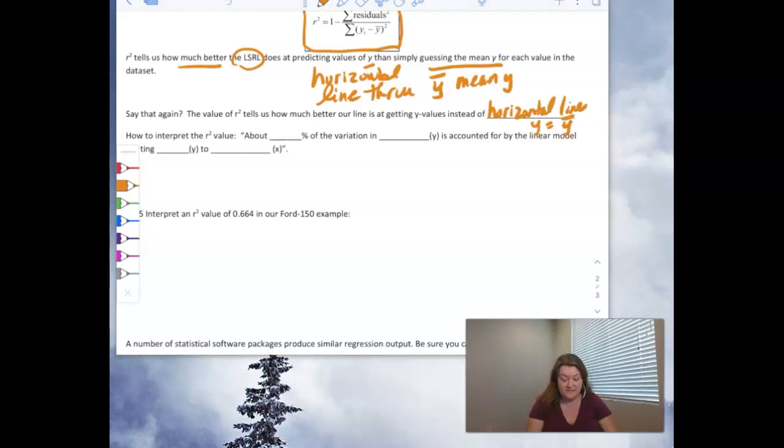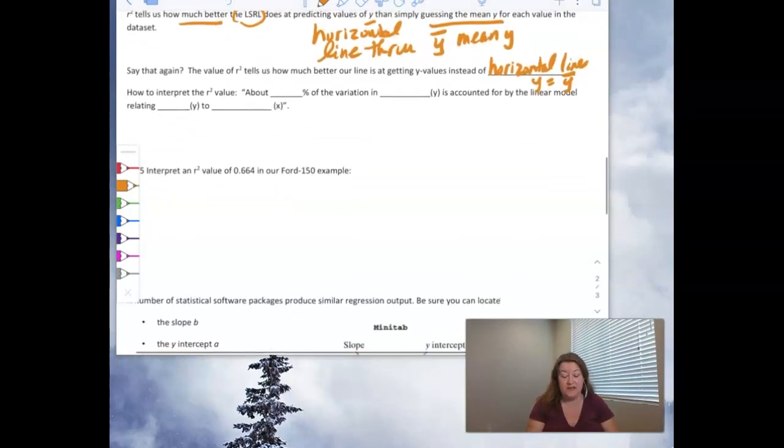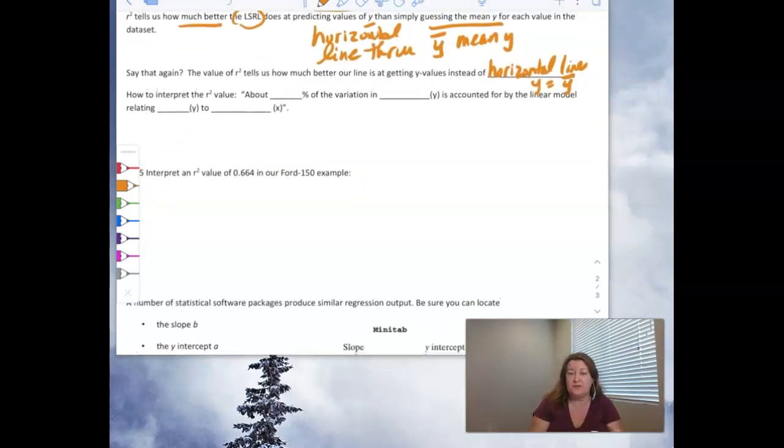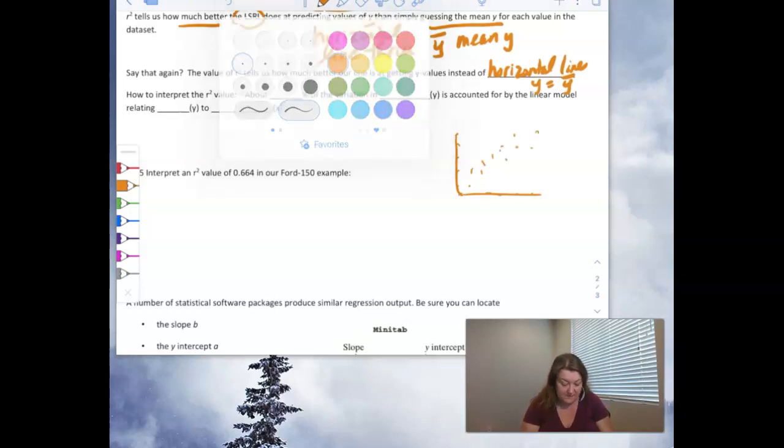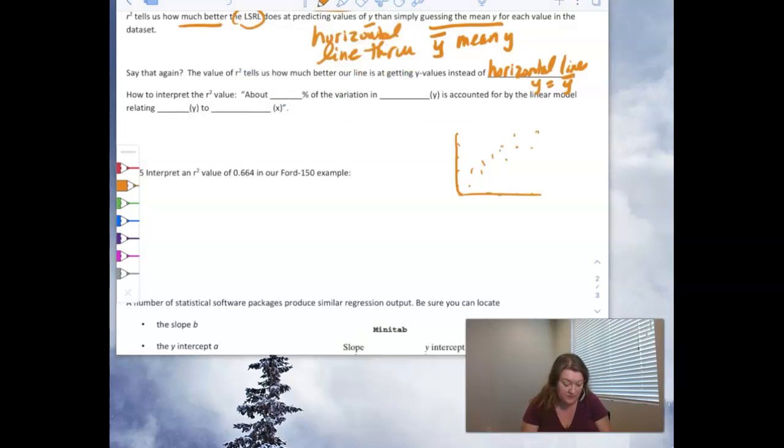Okay, now this one has a very specific way to explain it because it is a more difficult concept to understand. Again, the idea here is that I have a scatter plot, and let's say they all look like this. And I put in my mean y, right about here.